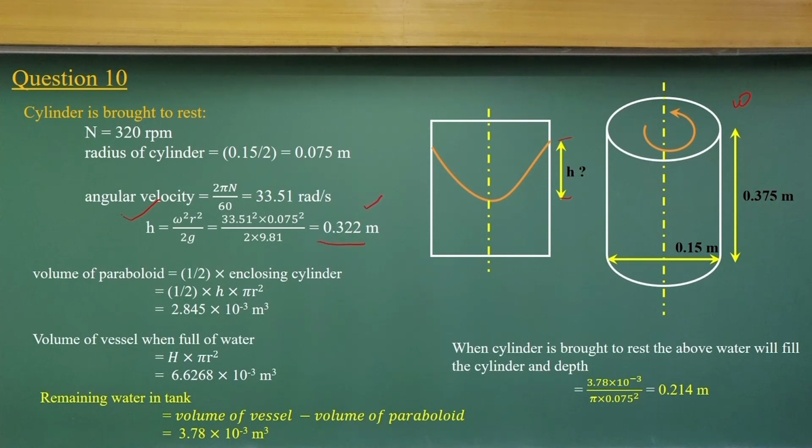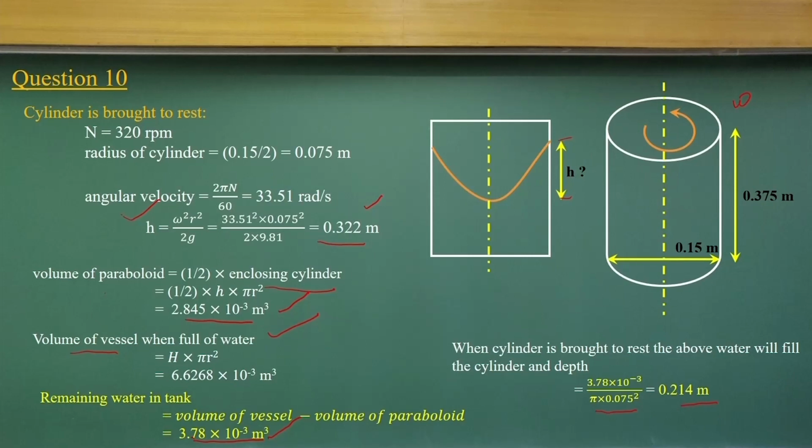As you know, the volume of a paraboloid is half of the enclosing cylinder, so we know that volume. That means this much is the volume of the vessel when full of water, this is the volume that will spill out, and the remaining water will be this much volume. So, divide by the surface area and we get the remaining depth.